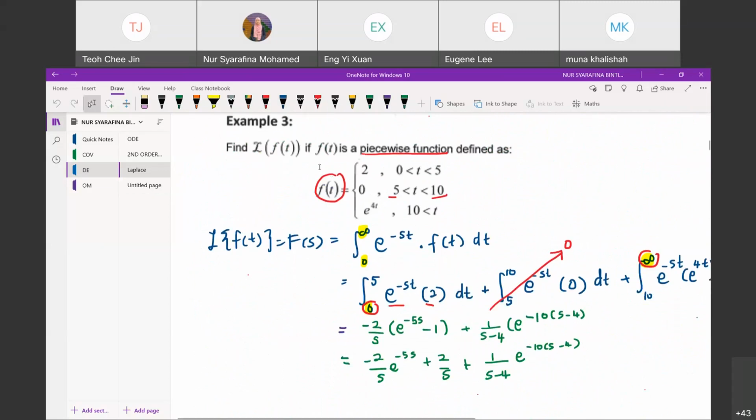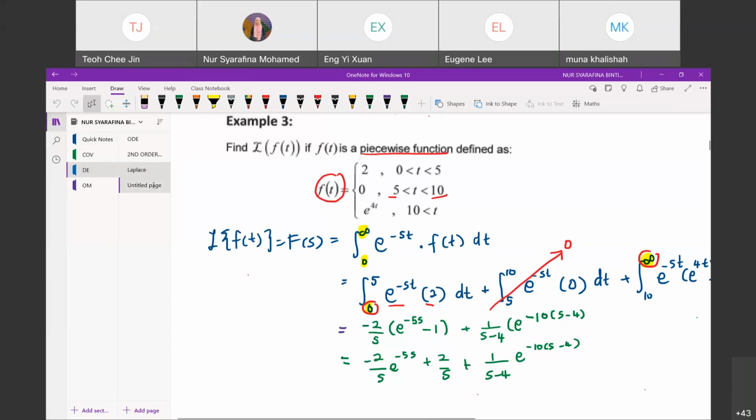Here we have f(t) equals 2, 0, exponent of t, referring to the range: 2 for t from 0 to 5, 0 for t from 5 to 10, then exponent of t for t greater than 10. For this type of piecewise function, when you apply the definition of transformation, you need to integrate one by one.